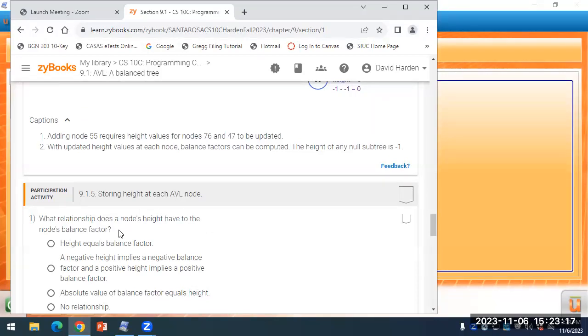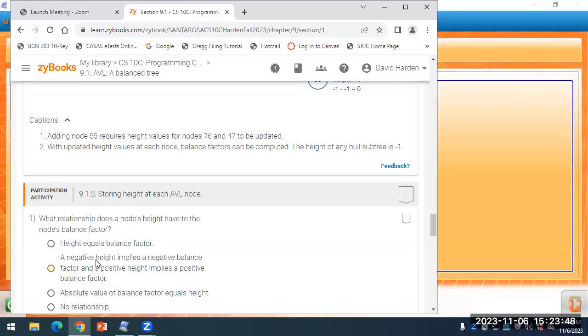What relationship does a node's height have to the node's balance factor? Is the height going to be equal to the balance factor?